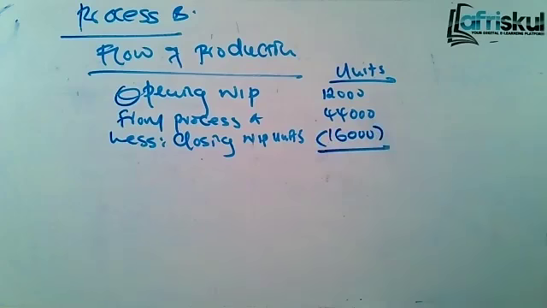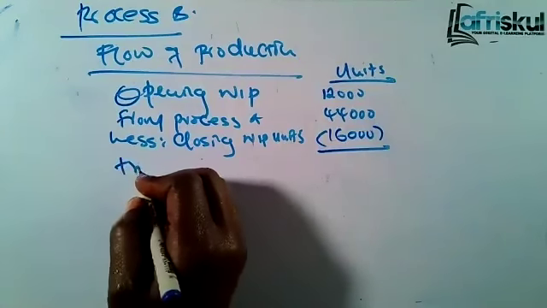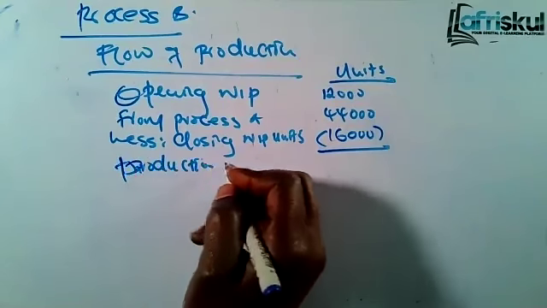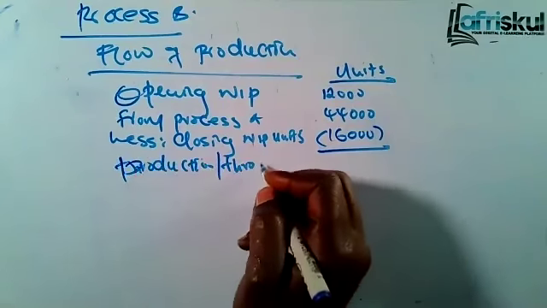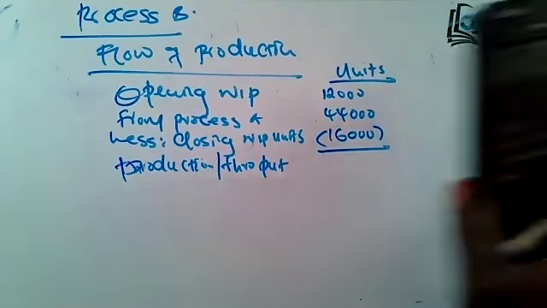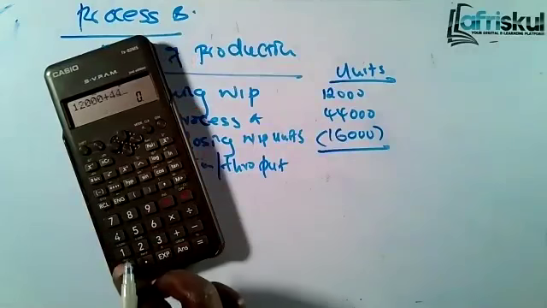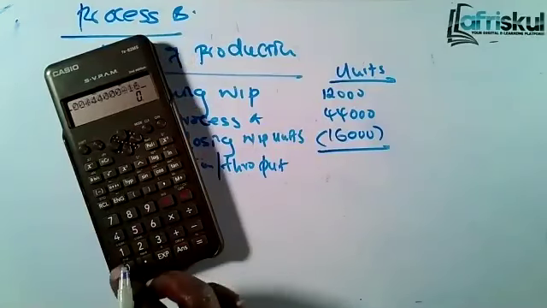I'll give you a second to add 12 plus 44 minus 16,000. So this is what we call production, or throughput. It is 12,000 plus 44,000 minus 16,000.